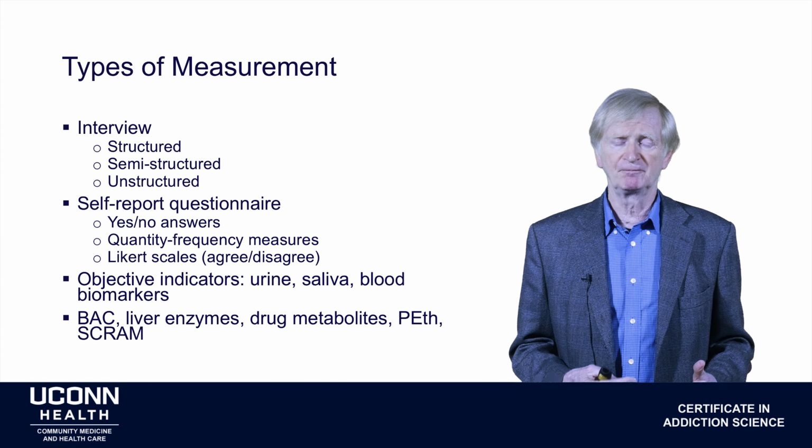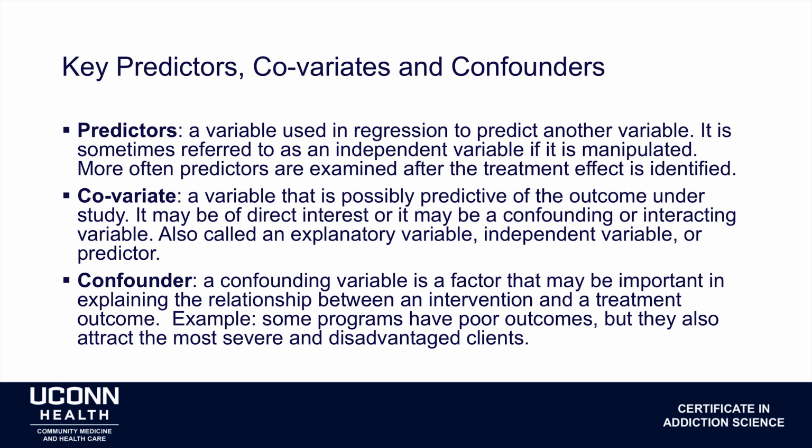So we know that outcomes are going to be correlated with the number of patient characteristics, not only demographics, but their past severity. From my experience in studying treatment outcomes over the years, one of the biggest predictors of poor treatment outcome is a person's past treatment history. Just by asking how many times they've been treated in the past, we can come up with a good idea of what their prognosis is going to be when they're beginning a new treatment episode.